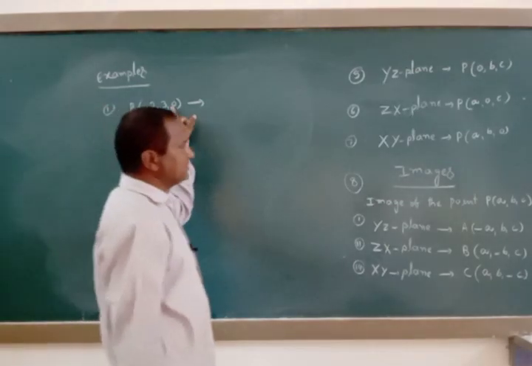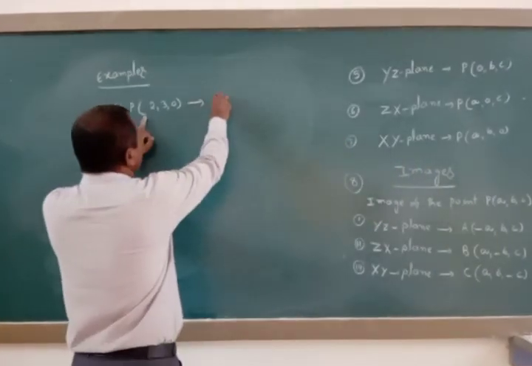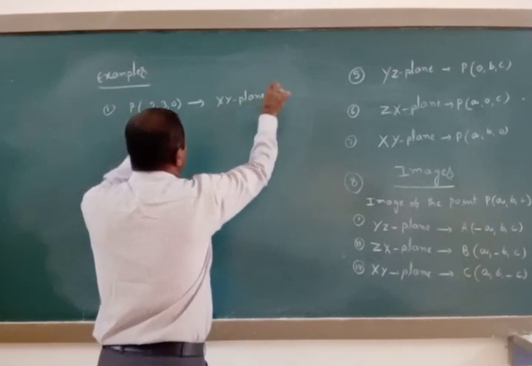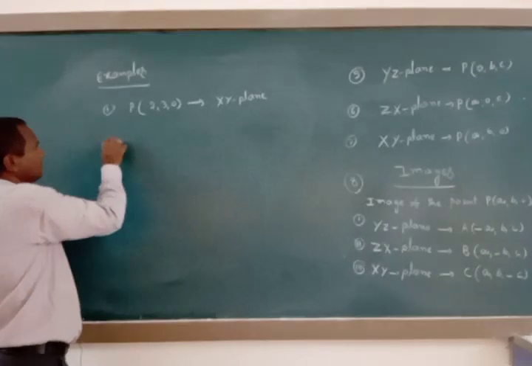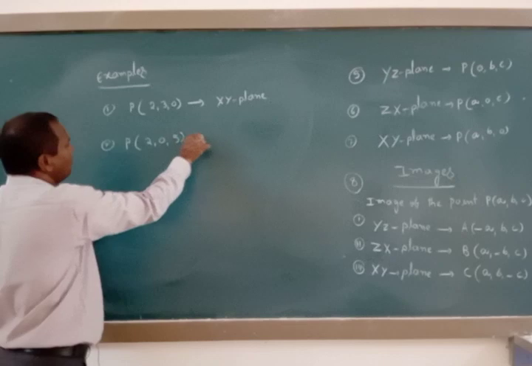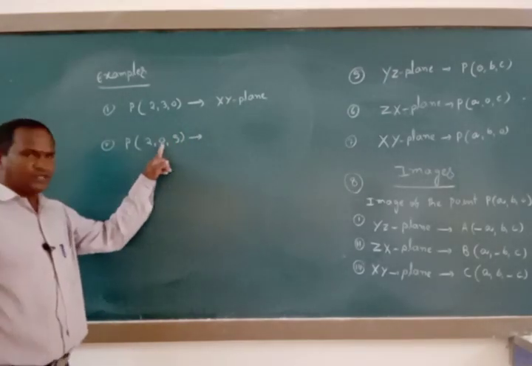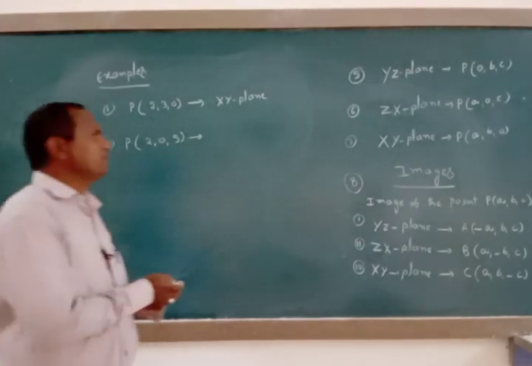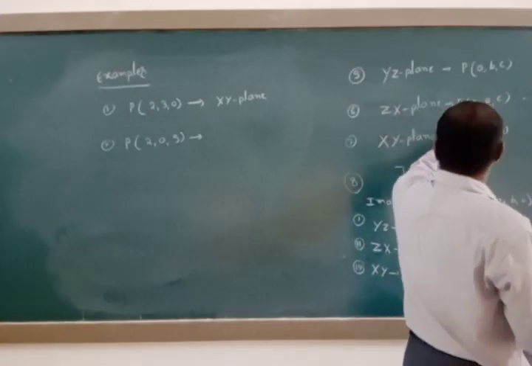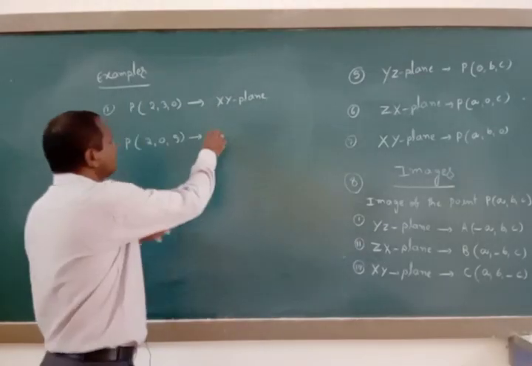When z is 0, it belongs to the XY plane. Second question: (2, 0, 5). Here, the y coordinate is 0. Y coordinate 0 means the ZX plane.